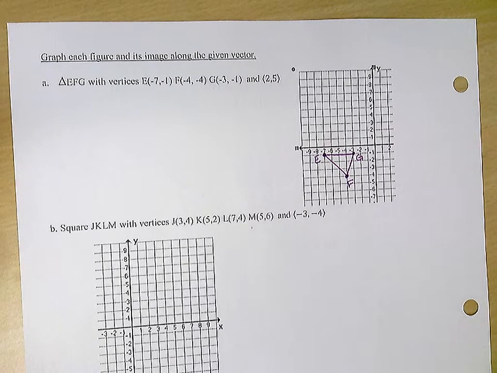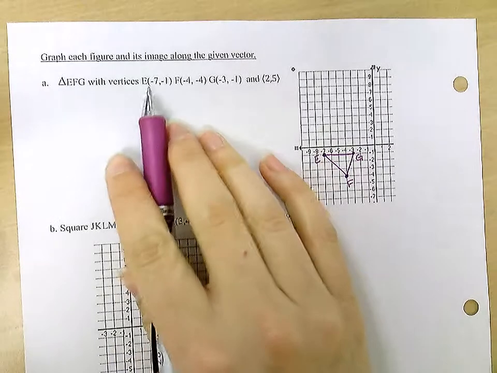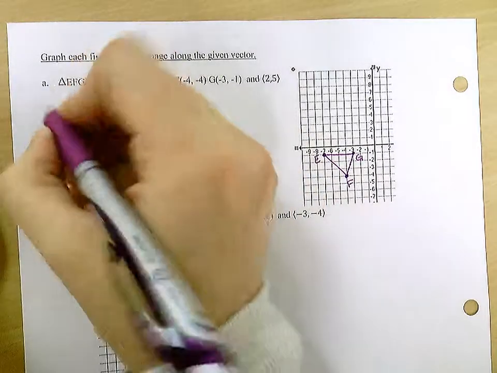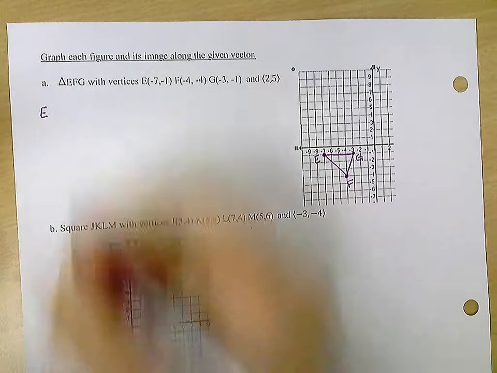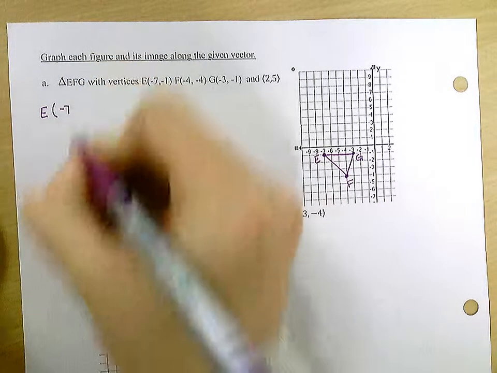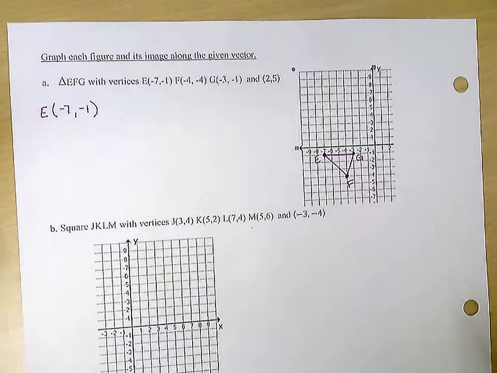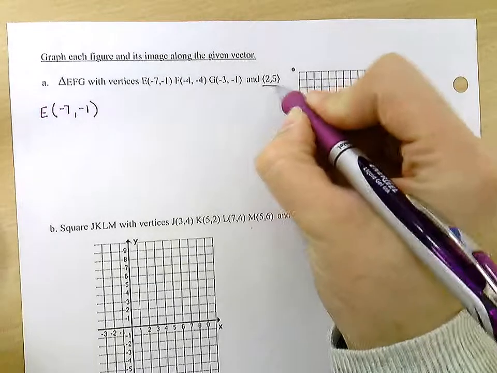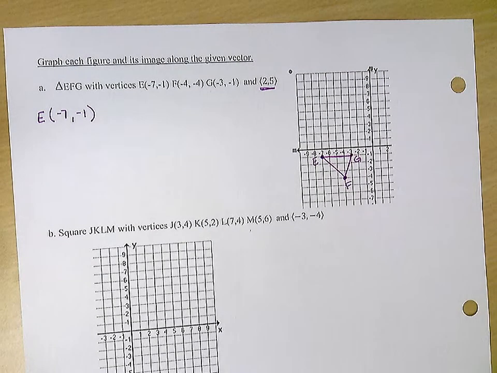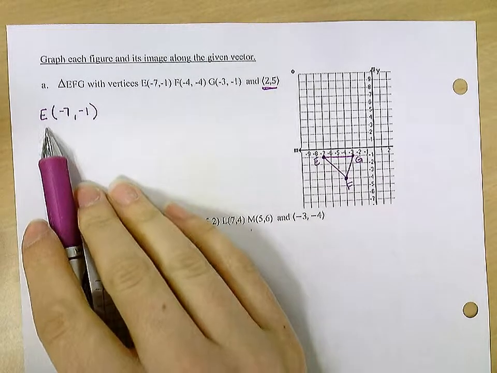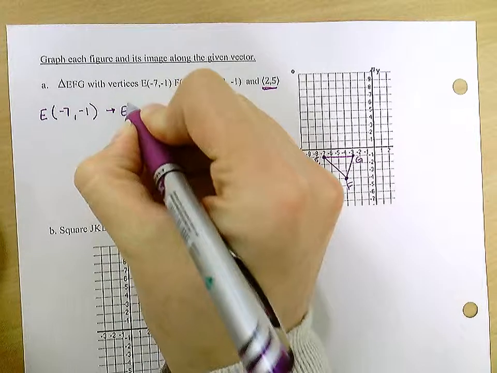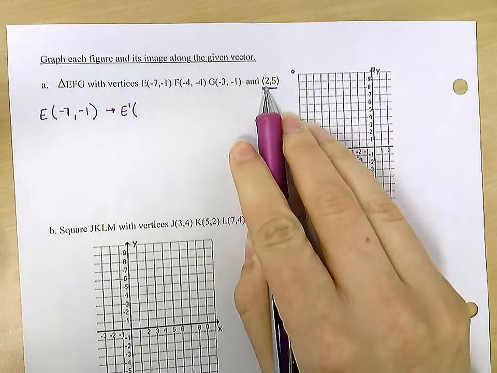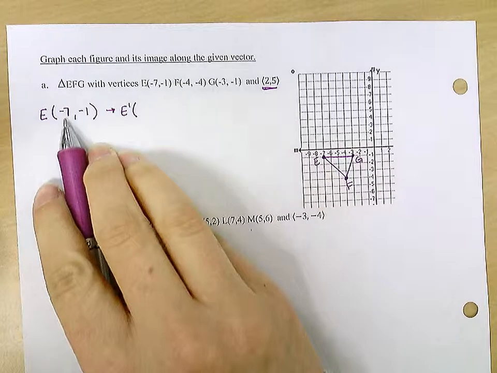So I'm going to show you 2 different ways that you can use your vector. The first way is what we talked about on the front. So I can take my point E. Point E is at -7, 1. Now our given vector is this 2, 5 right here. You can see those arrowed brackets. So to change from E to E prime, I need to add 2 onto my x value.